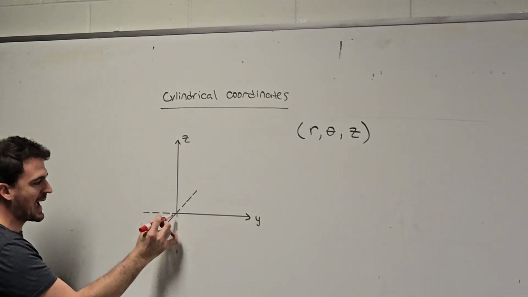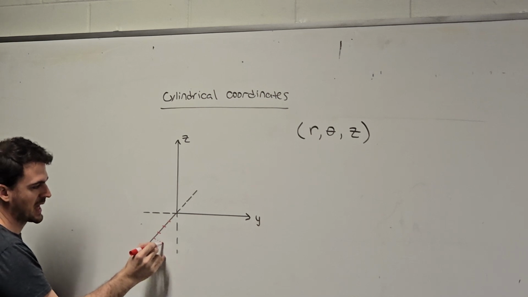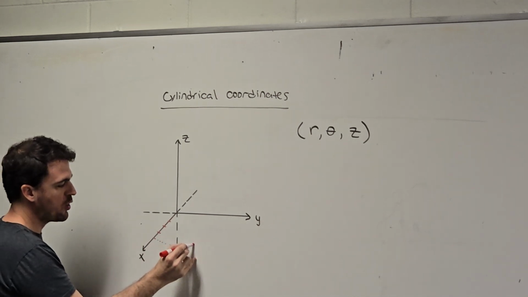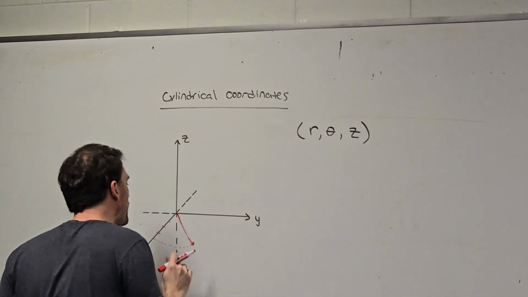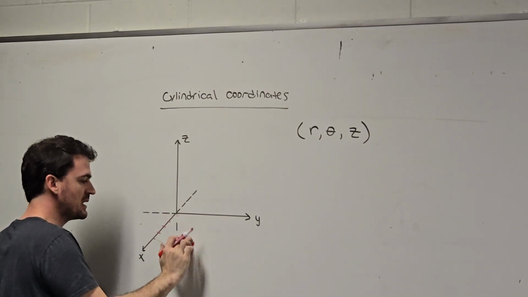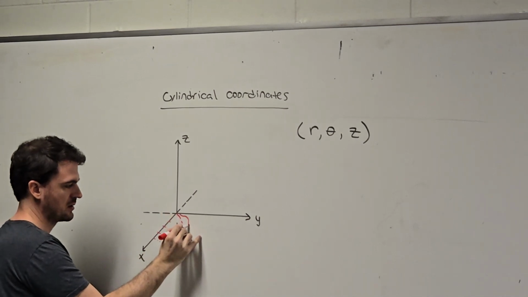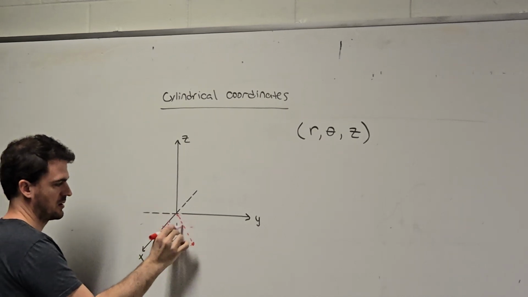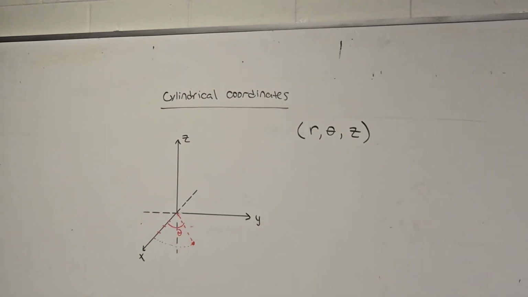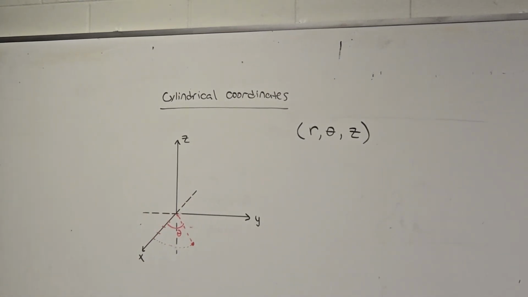So it's going to be how far you go out of a radius, how much of an angle that you travel in the xy plane. So this is my theta, the angle from the positive x-axis sweeping towards the positive y-axis.